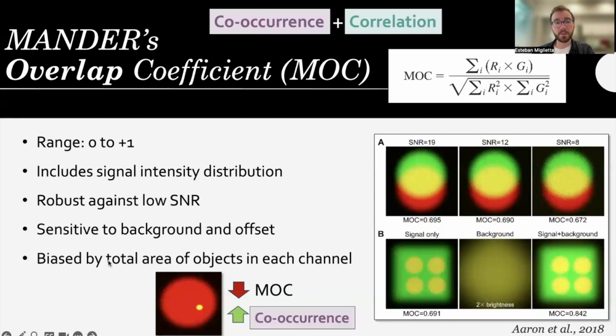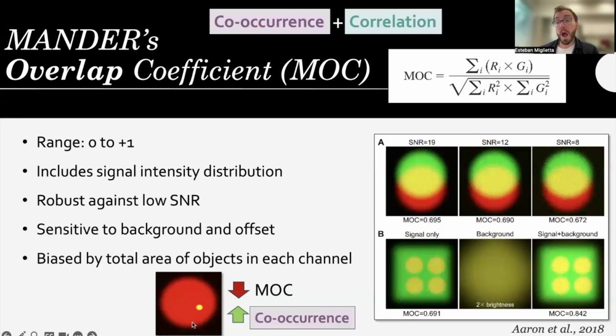Another caveat with this metric is that it is very biased towards the total area of the object in each channel. So for example, in this example right here, we have a very small green dot within a big red circle.